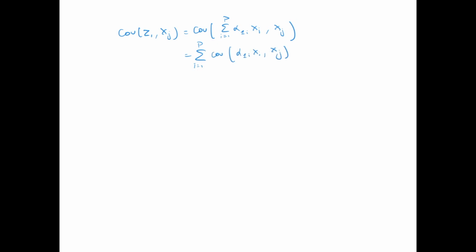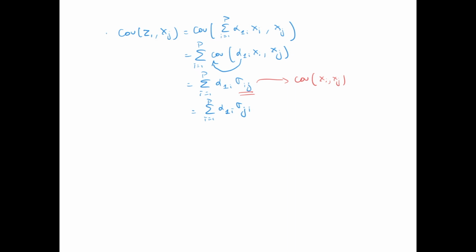And then I can also take out the alpha 1i and use that these covariance xi, xj I can write as sigma ij. So this sigma ij is exactly the covariance between xi and xj. Alright. We can use the fact that a covariance matrix is symmetric, so then this expression I can also write as alpha 1i times sigma ji.